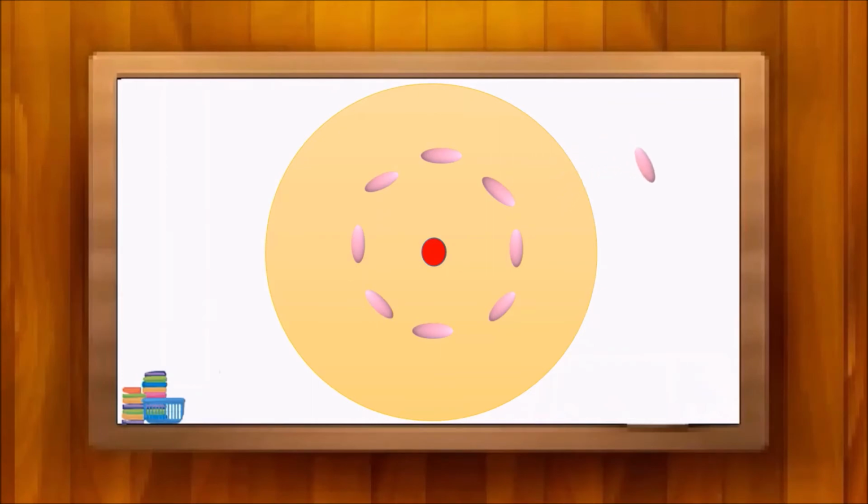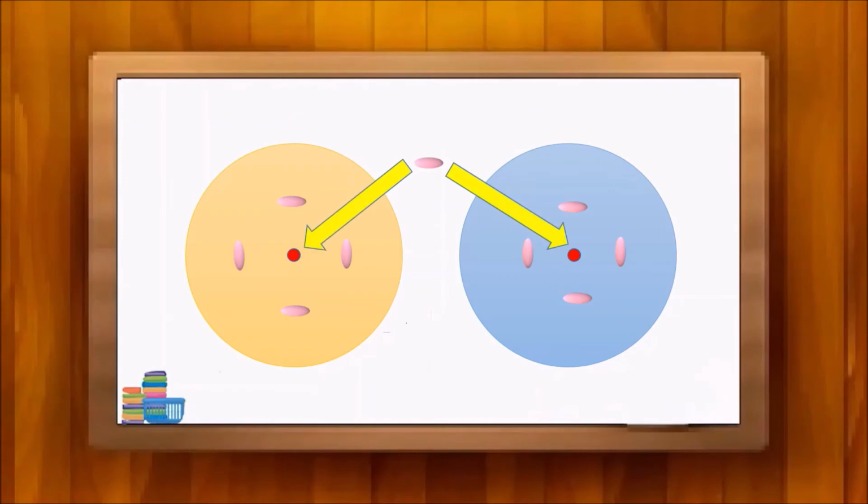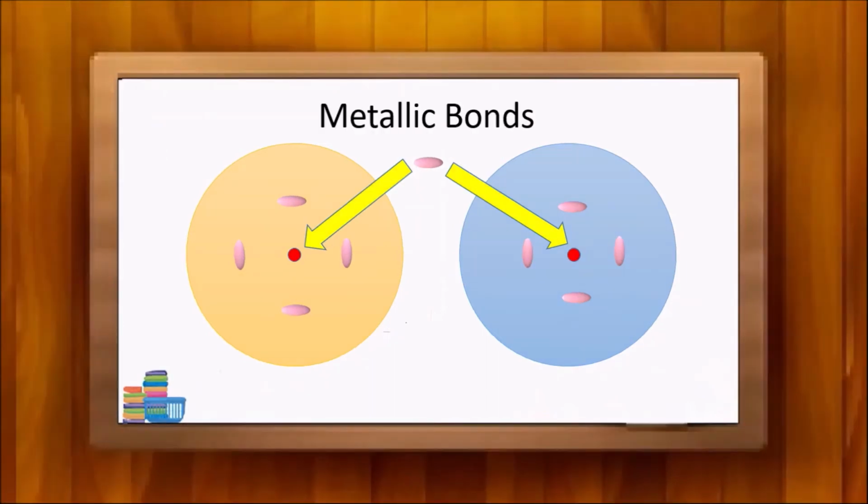So the outer electrons depart from the atoms and roam freely among them. If two nuclei attract one electron, those couple of atoms get attracted through that electron. These are called metallic bonds. These are also rather strong, because they also take place among atoms.